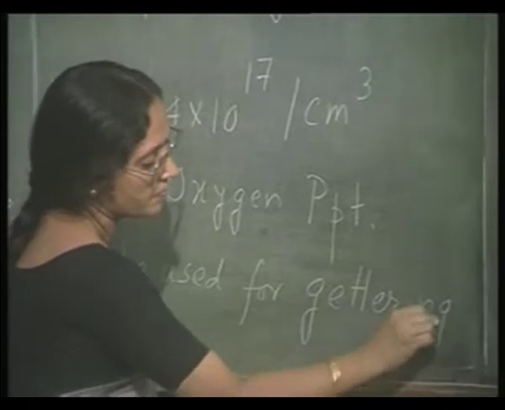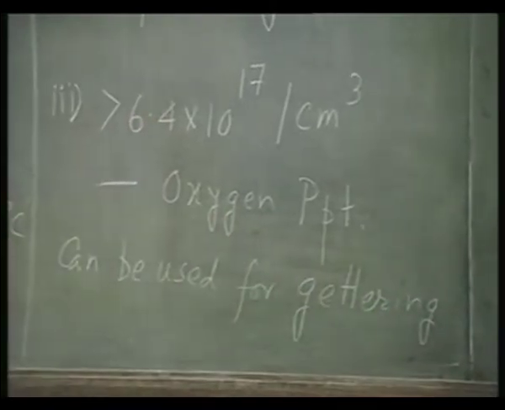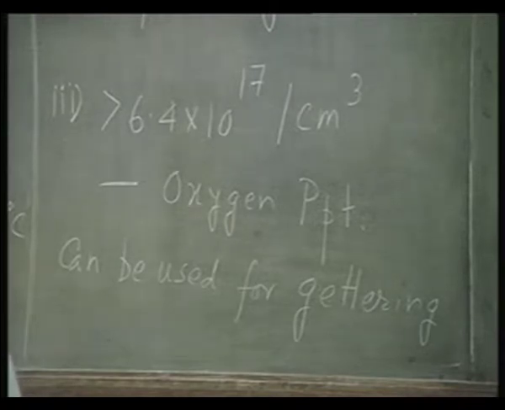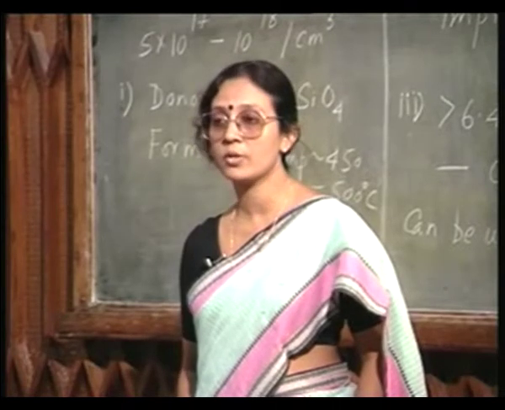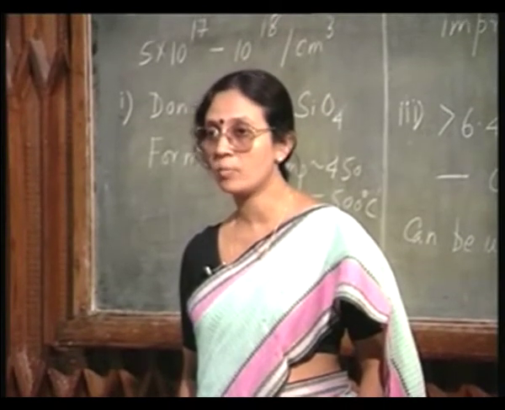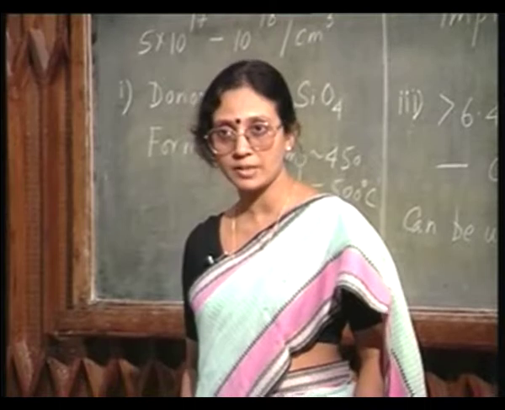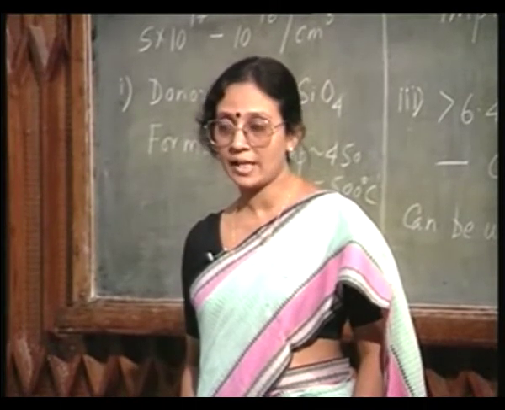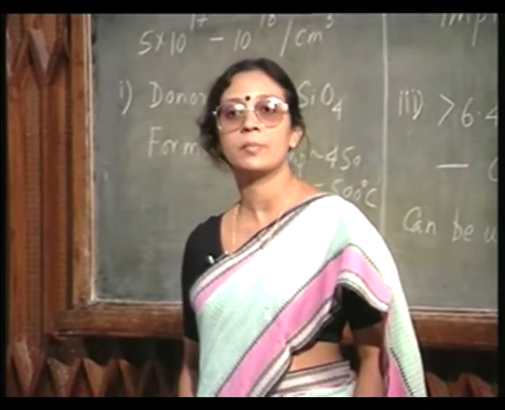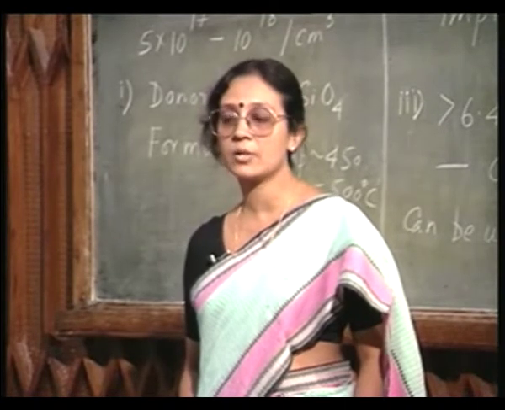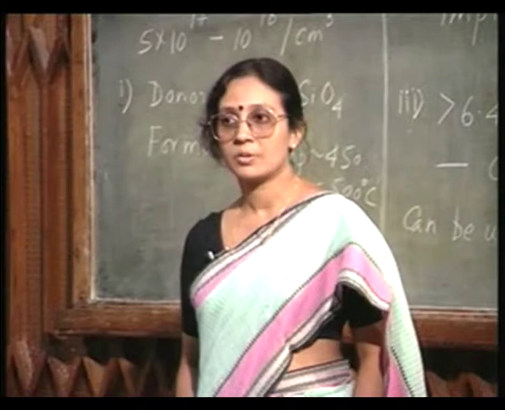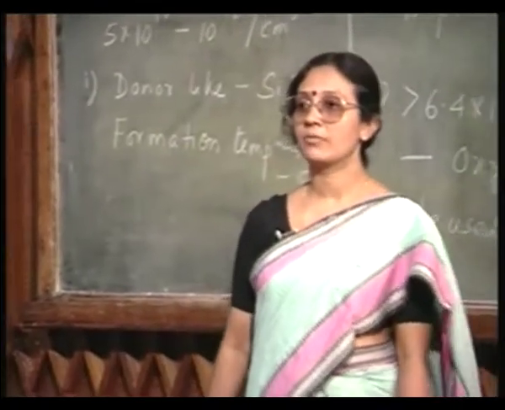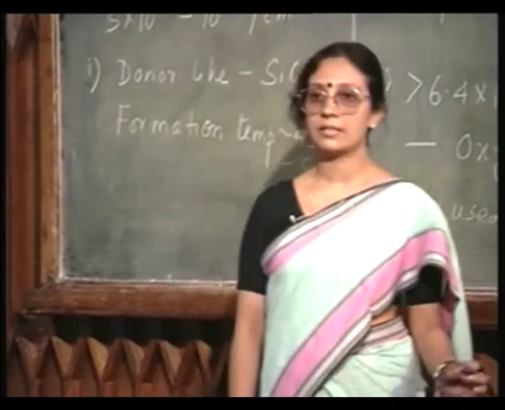The only thing you have to make sure is that these gettering centers are not coming in the active region, that is, not where your devices are formed. If they are formed lower down in the bulk of the material, you do not mind, because there they are going to act as a sink for metallic impurities, leaving your active region free from metallic contamination. So, they can be used as gettering centers.